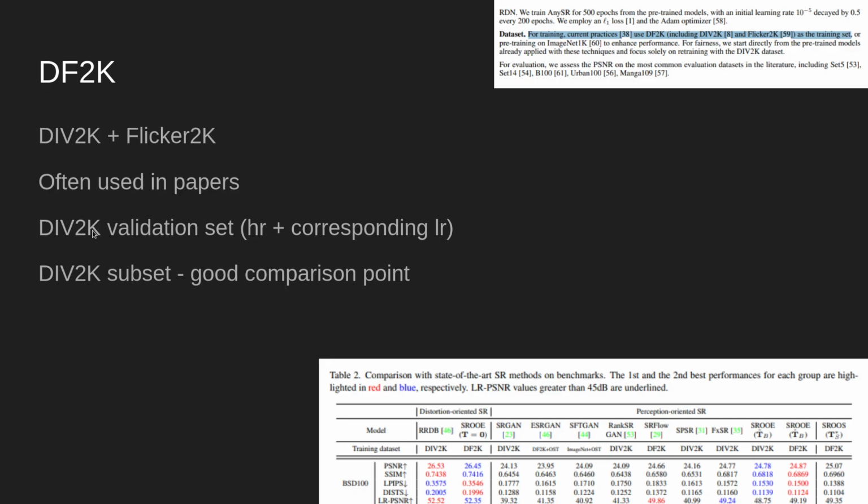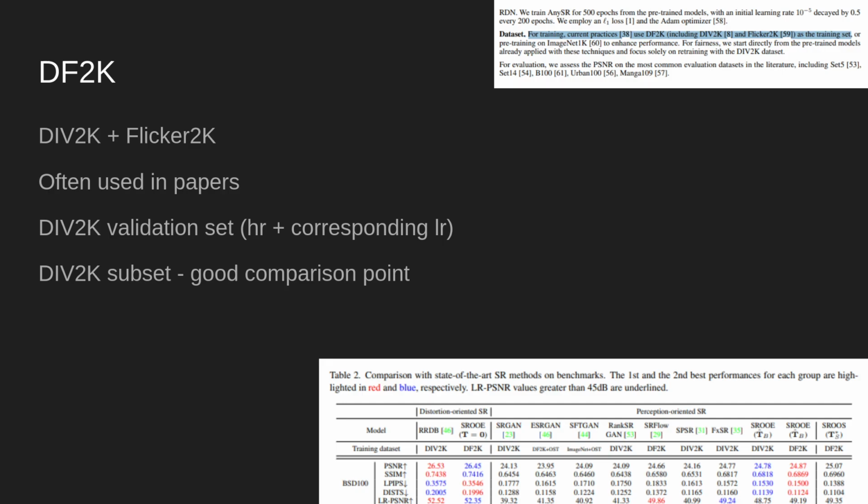And together with that, I use the DIV2K validation set, which has HRs provided and LRs provided, so that's pretty good. And interesting is also that DIV2K is a subset of this dataset, and I think DIV2K is of higher quality in general than Flickr2K. So I wanted to also use DIV2K as a baseline.